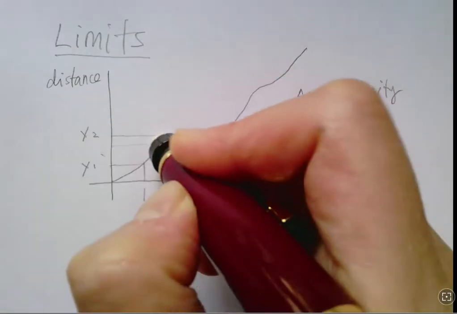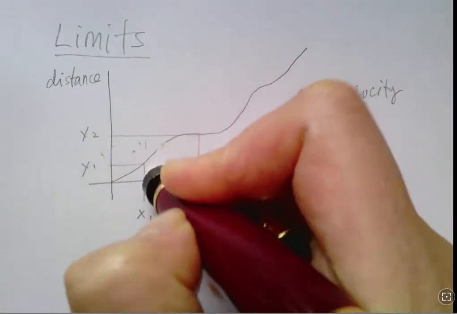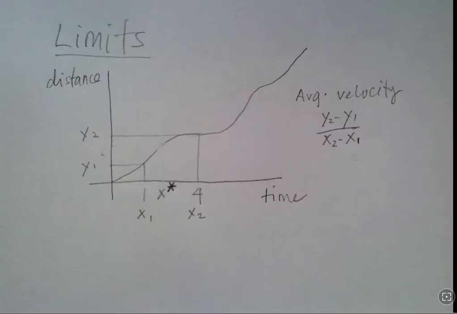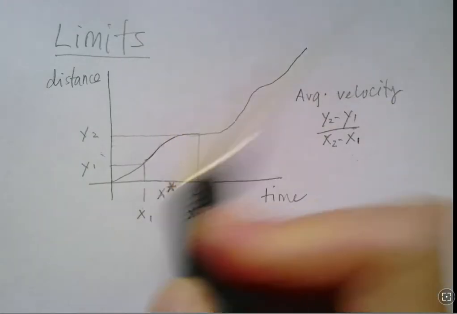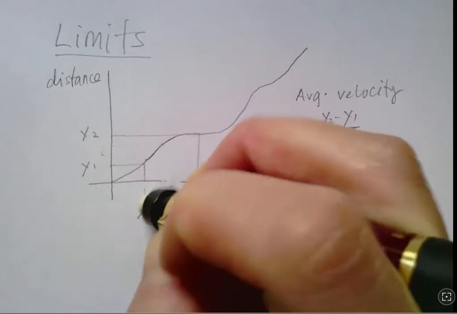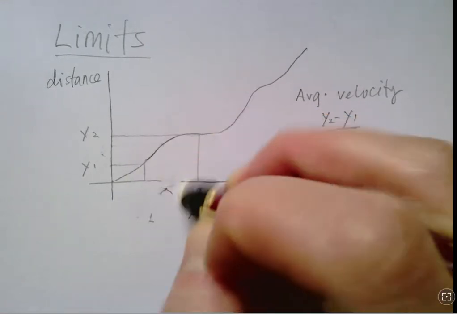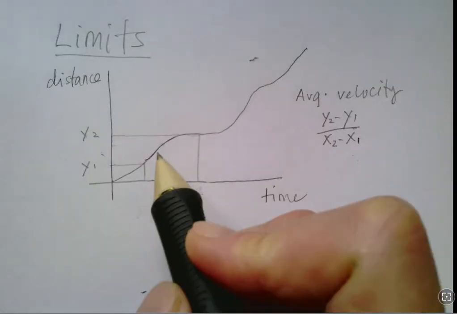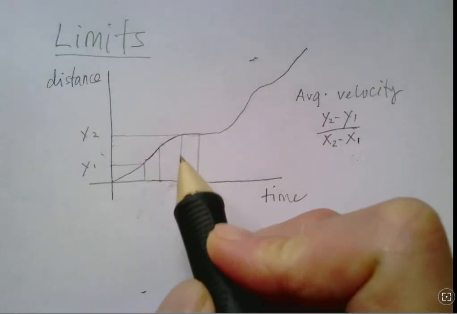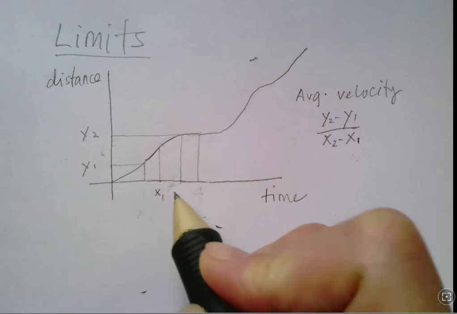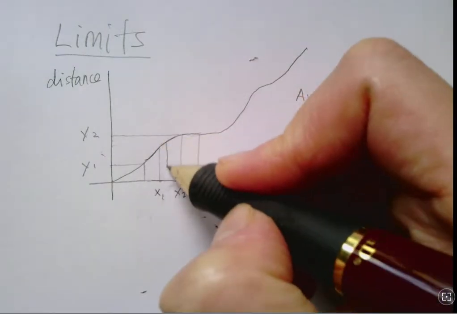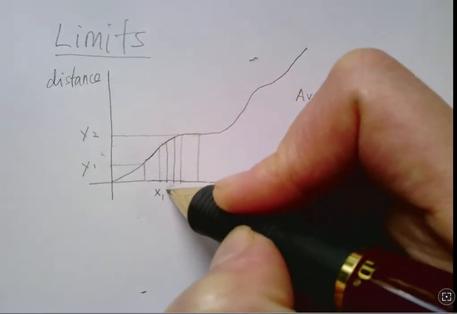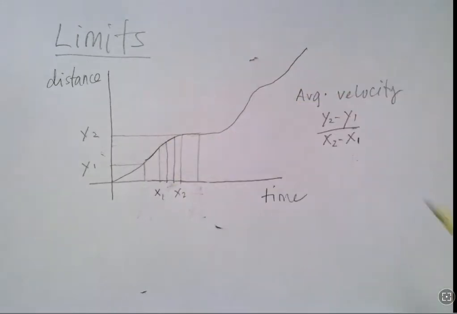However, what we can do is make these average velocities over a smaller and smaller period of time so that my x1 and x2 here get smaller and smaller. So I could take an average velocity over this interval, my x1 and x2, or over this interval, smaller and smaller intervals.